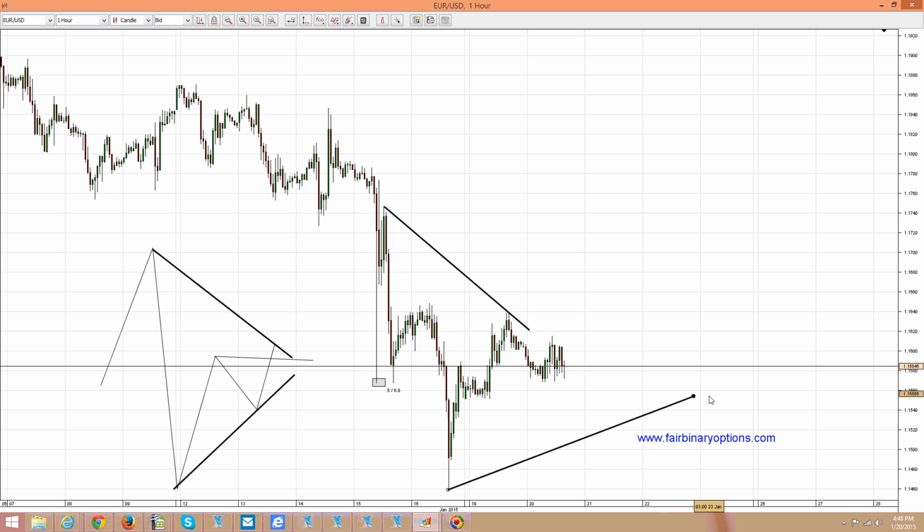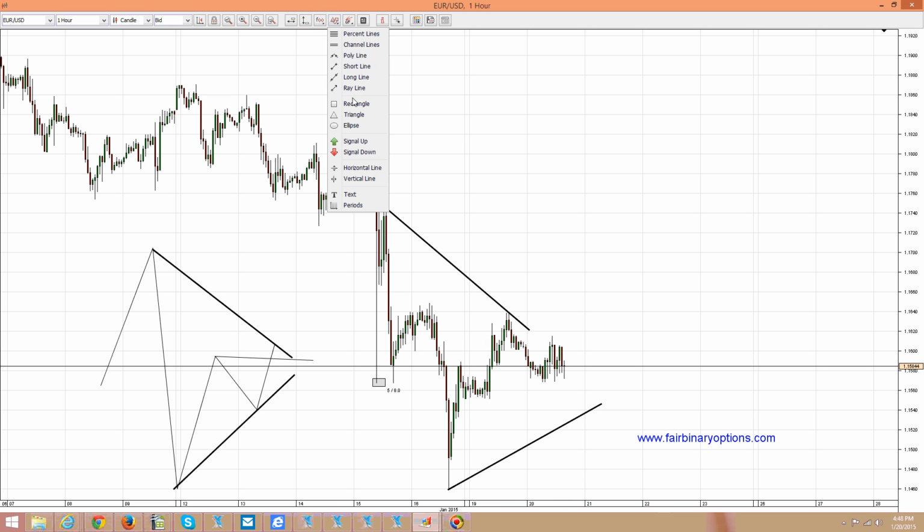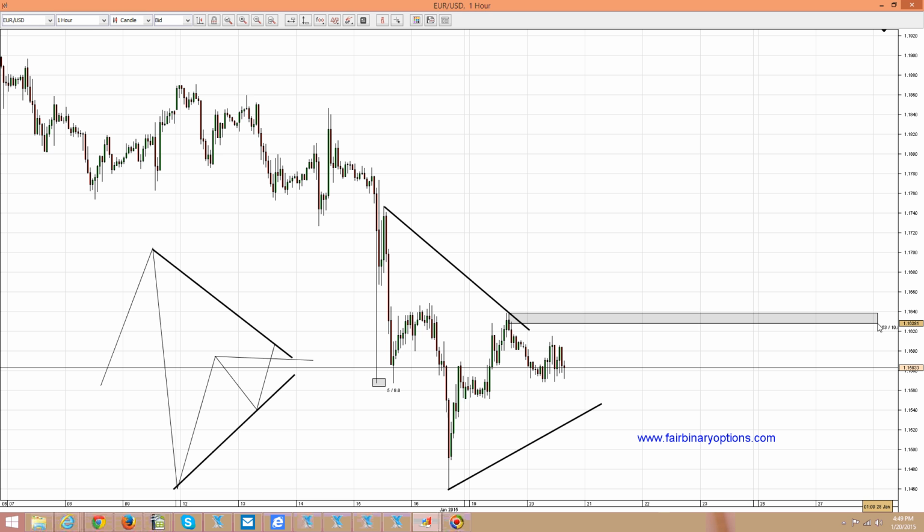I would say we still need to make a lower leg, something like this, the B to D trend line. So this to be A, B, C, D, and then for the market to make a new leg higher. This would be the area of interest for us.